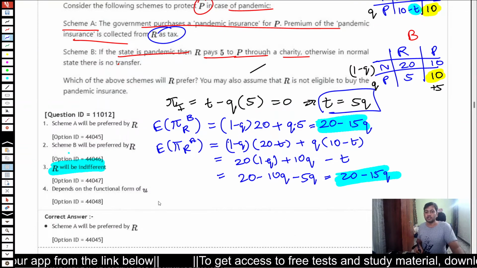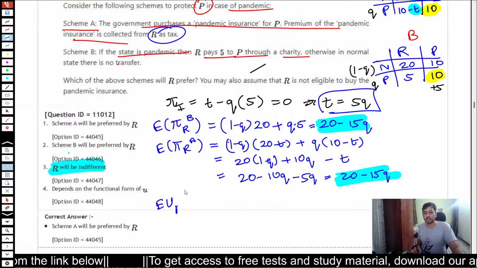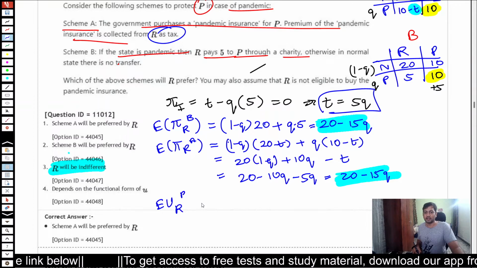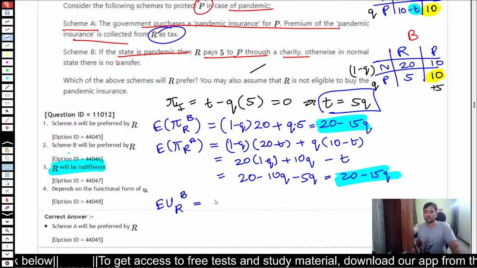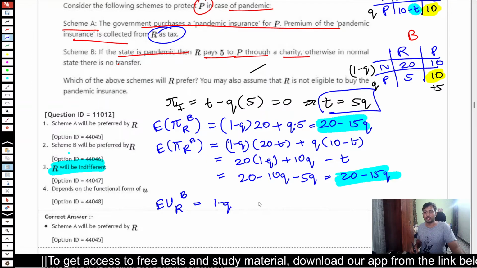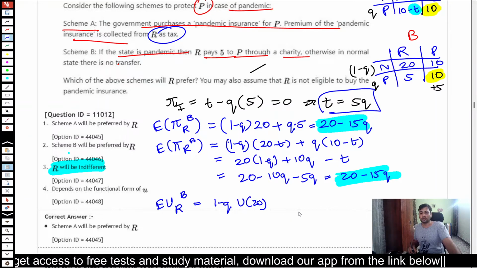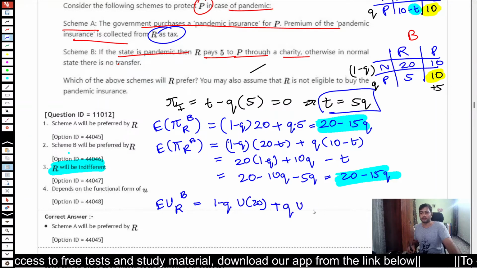So let's talk about the expected utility of the rich person in case of scheme B. That is going to be equal to 1 minus Q times utility of 20 plus Q times utility of 5.